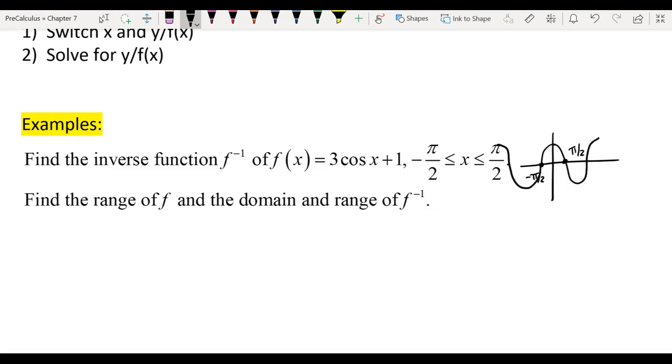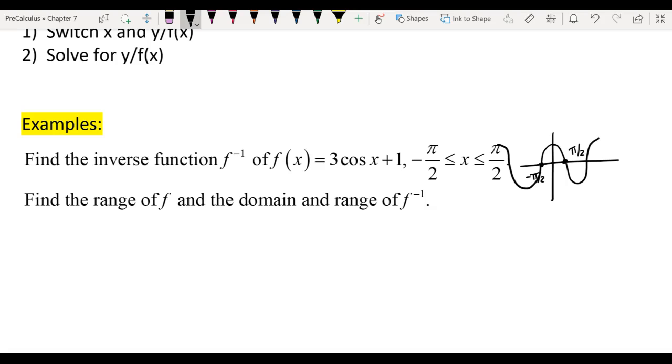Okay. The hump repeats. So cosine starts like this, correct? Then it's going to repeat backwards. So where this hits pi over 2, this is going to hit negative pi over 2. Where pi hits over here, negative pi is going to hit in the same spot over here. It repeats this over and over going the other direction.